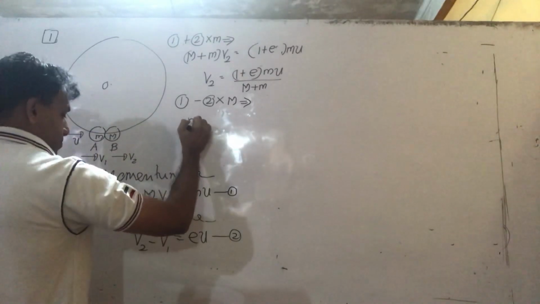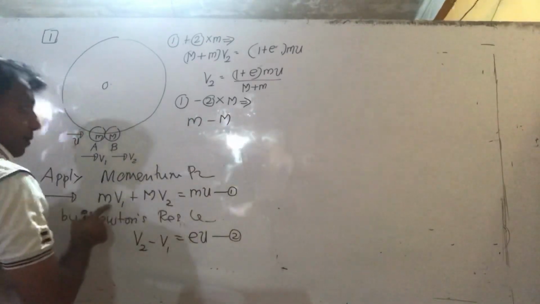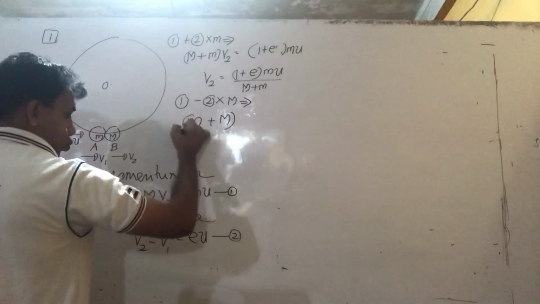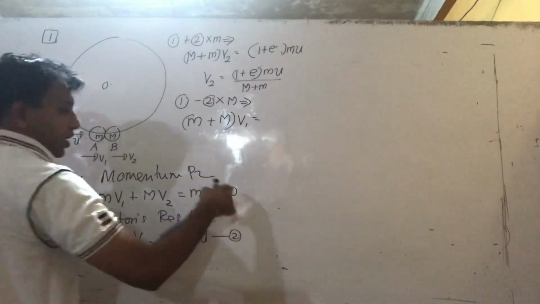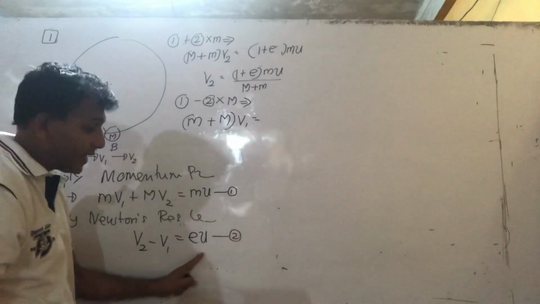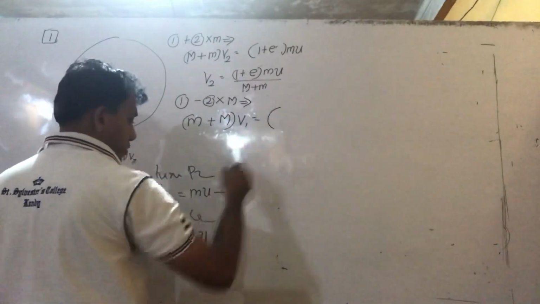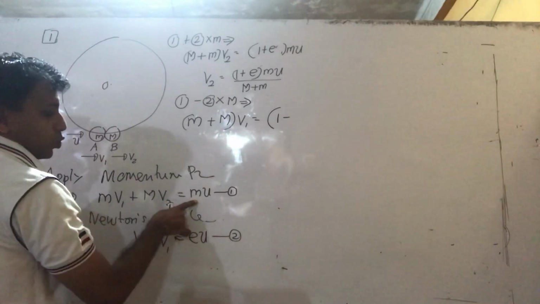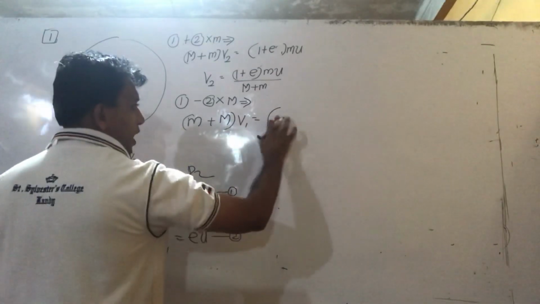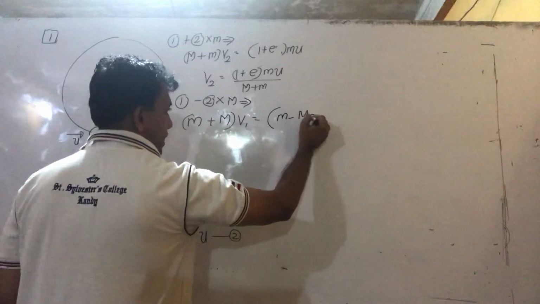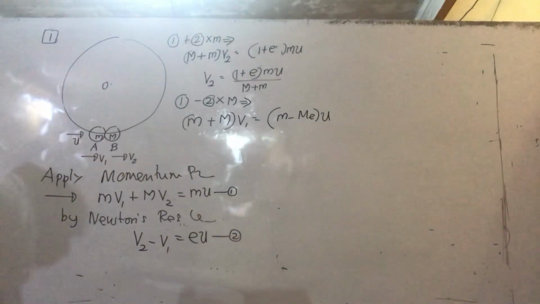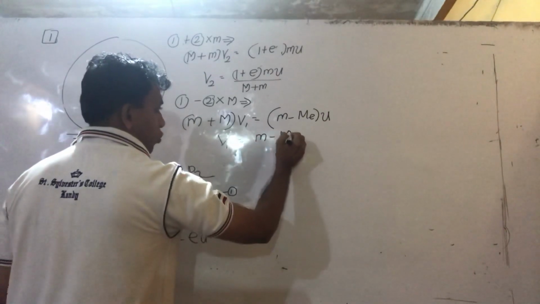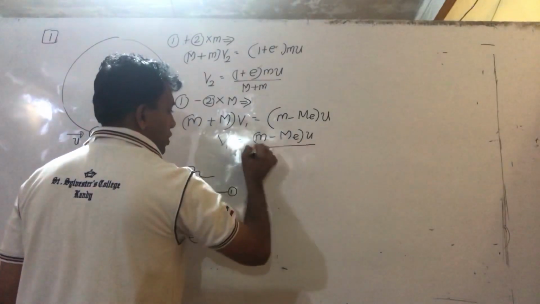This becomes small m minus capital M; if you subtract, this becomes positive, times v1. It equals m u minus capital M E u; take u out, then it becomes small m minus capital M E, times u. Therefore this is the answer for v1, the velocity of pebble A after the collision.